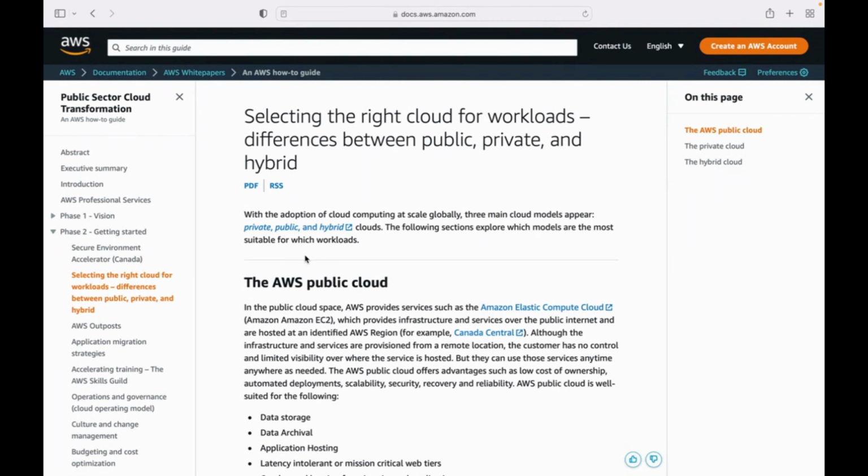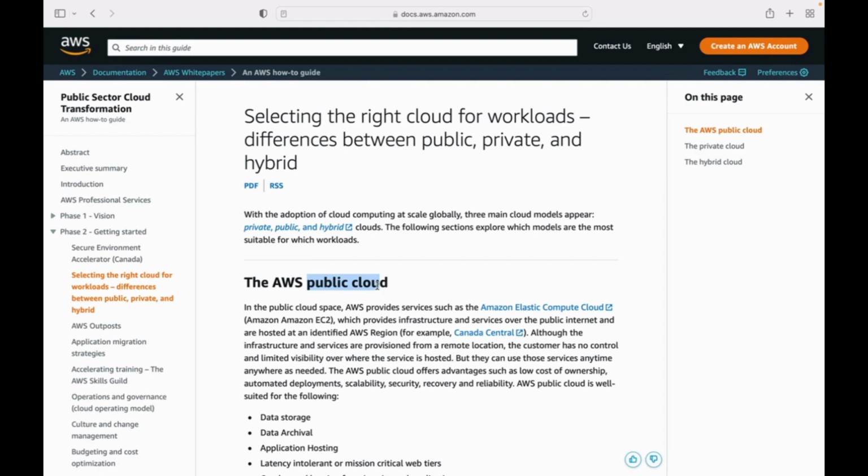If I talk about the AWS public cloud, public cloud means that it is available for everyone and can be used by anyone over the internet. That is a public cloud, as the term indicates itself. In the public cloud space, AWS services like EC2, or Amazon Elastic Compute Cloud, provide infrastructure and services over the public internet and are hosted in an AWS identified region.